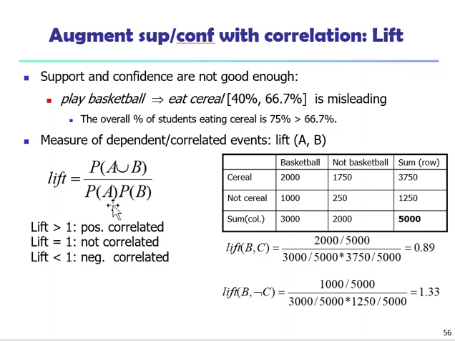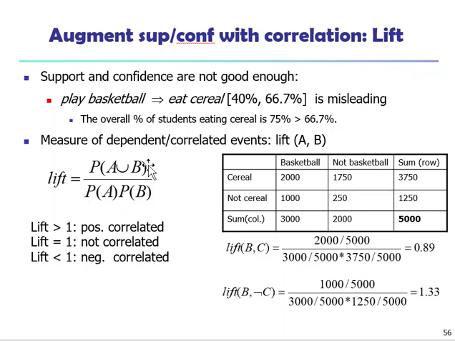If A and B are two independent events, then the joint probability of A and B both happening divided by the product of the individual probabilities gives a lift of 1. So if lift is 1, then A and B have no correlation. If lift is greater than 1, then A and B are positively correlated. Otherwise, if lift is smaller than 1, then these two events are negatively correlated.